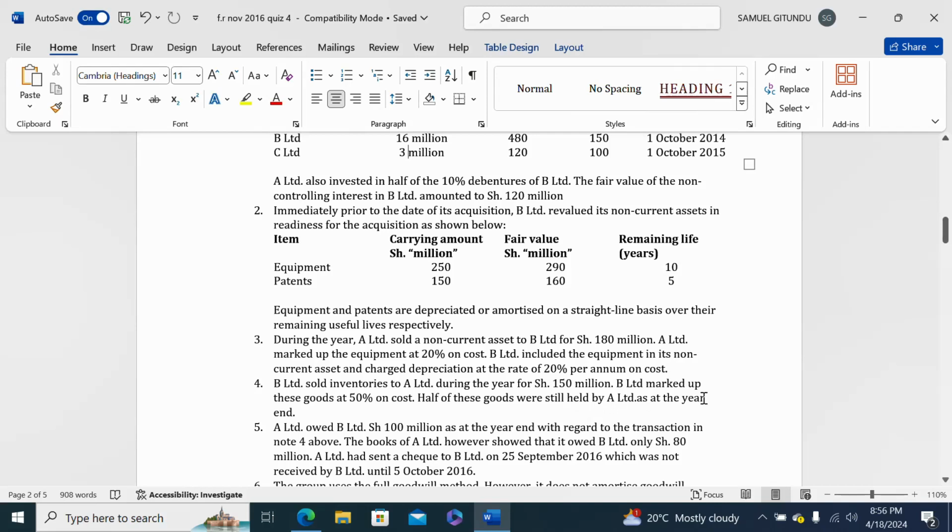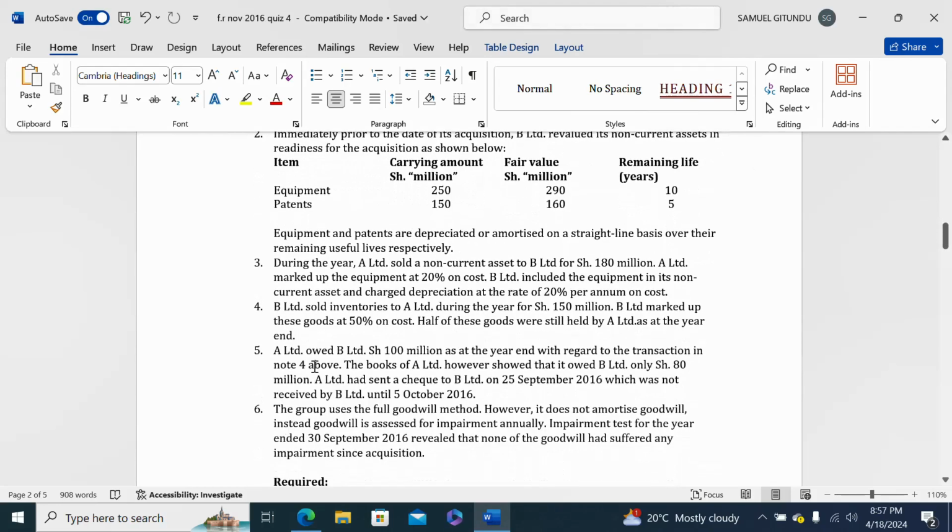B Limited marked up these goods at 50% on cost. Half of these goods were still held by A Limited as at the year end. Number 5. A Limited owed B Limited shillings 100 million as at the year end with regard to the transaction in note 4 above.